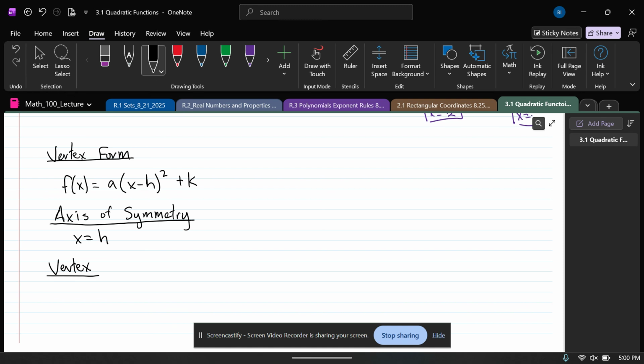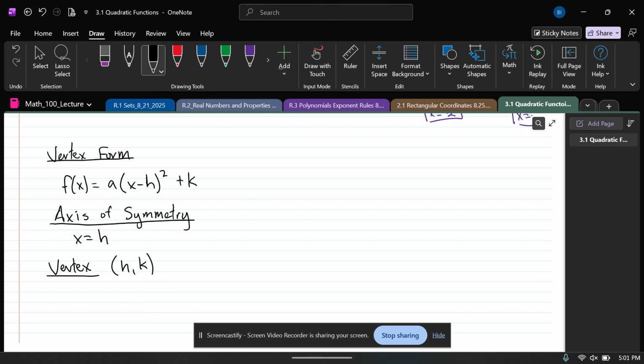My vertex is the ordered pair (h, k). So swap the sign here. h is the x value of the vertex. It's also the value of your axis of symmetry. The number that's out here on the side, that's going to be the y value of your vertex.